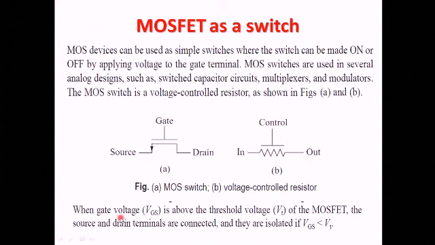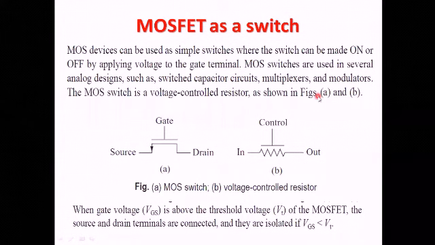Now when the gate voltage VGS is above the threshold voltage VT of the MOSFET, the source and the drain terminals are connected, and they are isolated if VGS is less than VT, that is VT is greater than VGS. This is the condition of off and on. I hope this slide is clear to all of you.